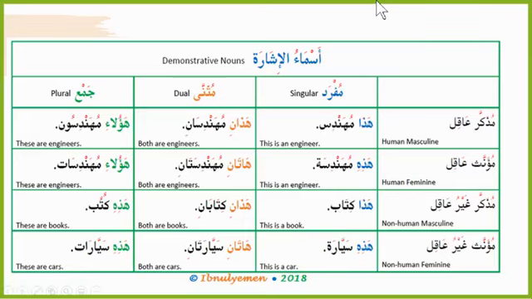It's still going to be he or she. So how do I identify if it's a he or she? It usually is, not always. If it has a ta marbuta at the end, looking like this at the end, طاولة, then expect it that it's a feminine. All right, so هذه طاولة.